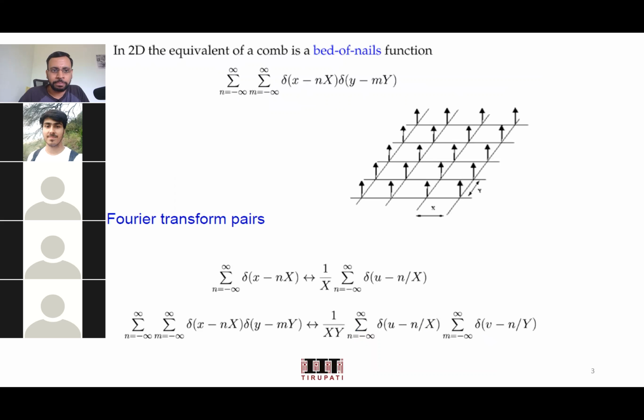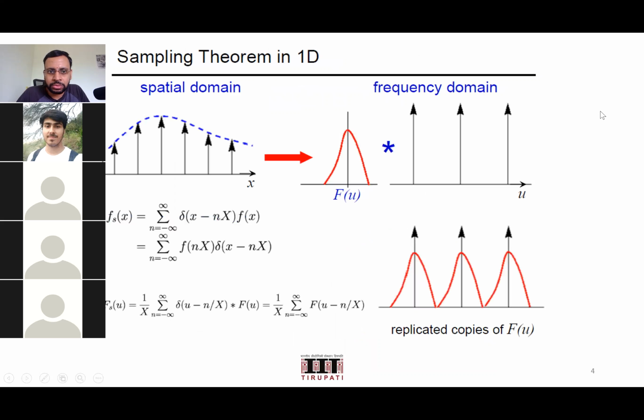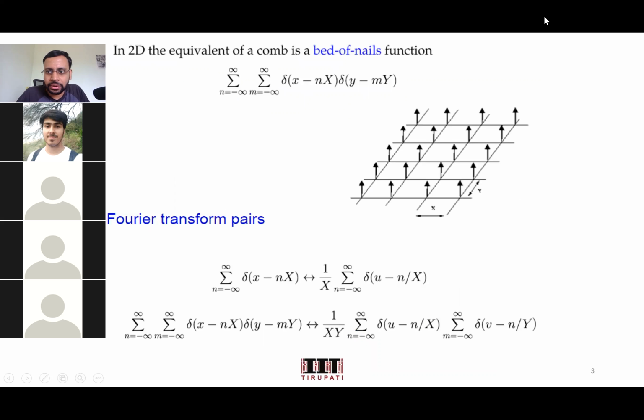Since I already covered this, I'm going through it as if you all know it, but if you have any question, just stop me. Now the 2D equivalent is what we are writing here. Instead of one comb, you have a bed of nails, varying in both x and y.